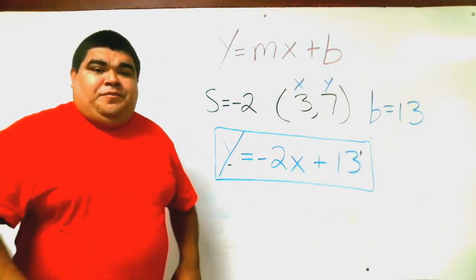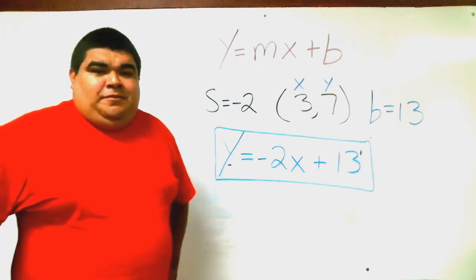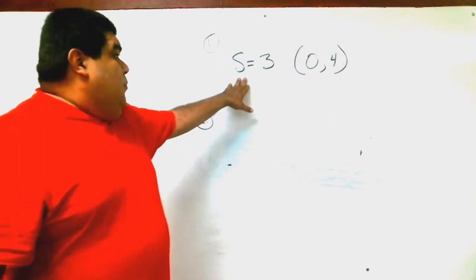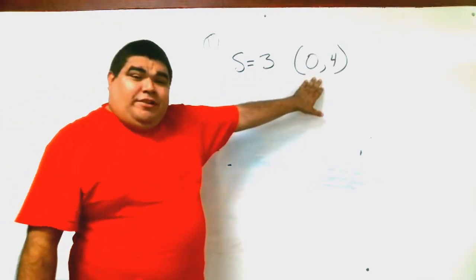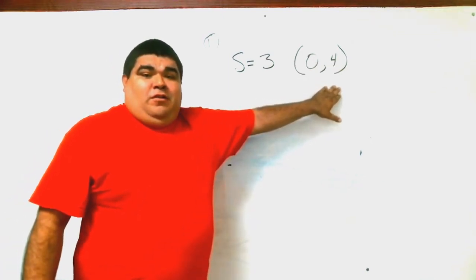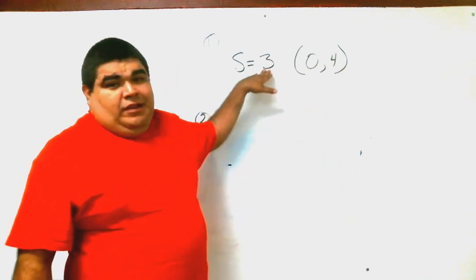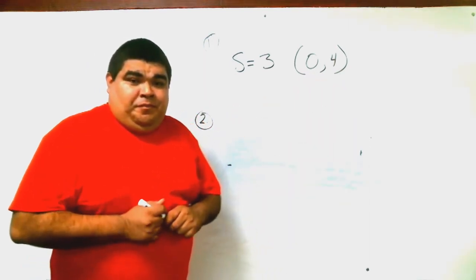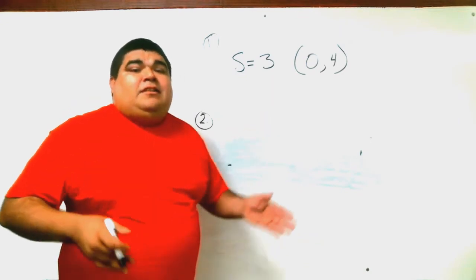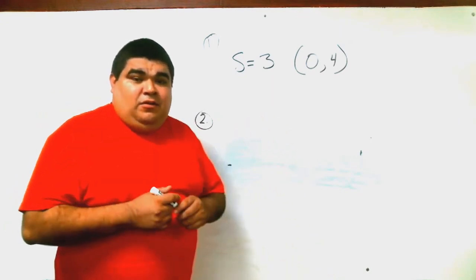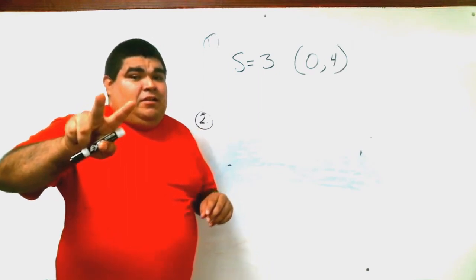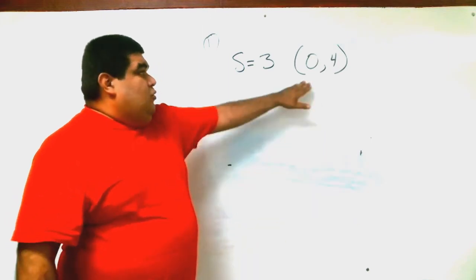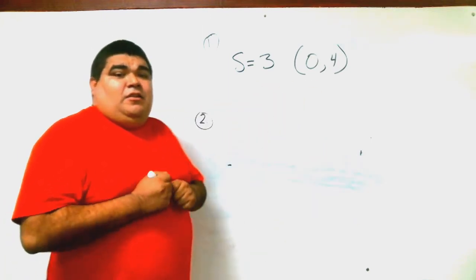Here's the assignment for today. Number 1: the slope is 3, and you have a coordinate at 0, 4. For your second one, I want you to combine last class and this class together. This time I'm going to give you 2 coordinates to find the slope. Once you find the slope, pick one of the 2 coordinates to use for the second part.